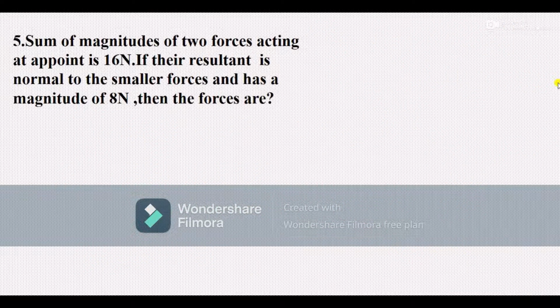The next problem: the sum of the magnitudes of two forces acting on a point is 16 newtons. If the resultant is normal to one of the smaller forces and its magnitude is equal to 8, then what are those forces? What is given is two forces, F1 and F2, and their sum F1 plus F2 is equal to 16.